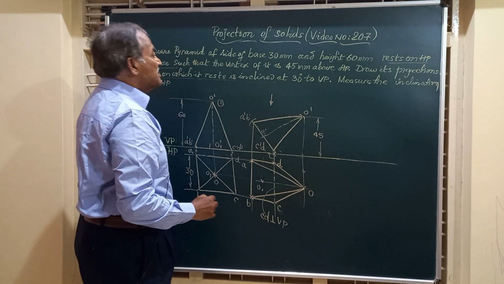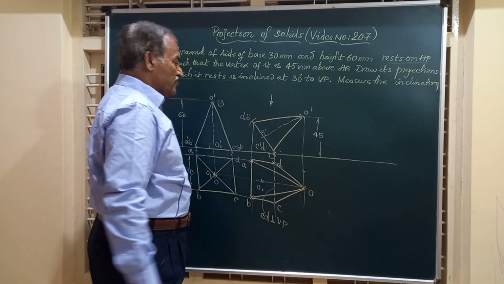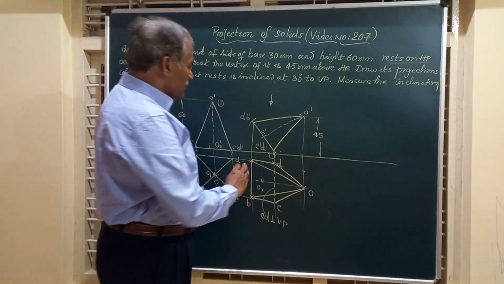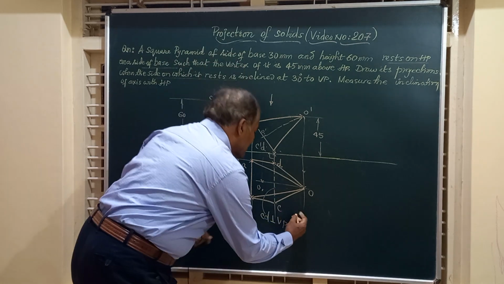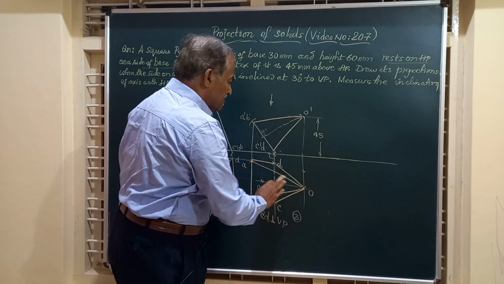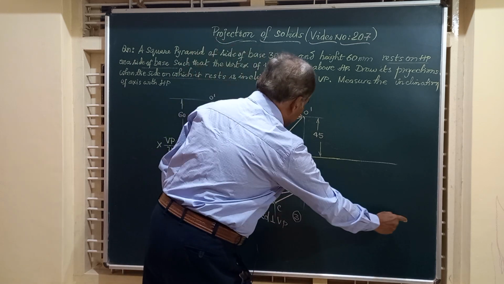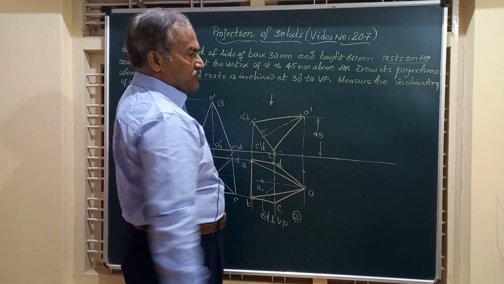But in the question he says it has to be at an angle of 30 degrees to VP. Friends, we are going to redraw this figure number 3 as it is, but the side CD on which it is resting should be at an angle of 30 degrees to VP.